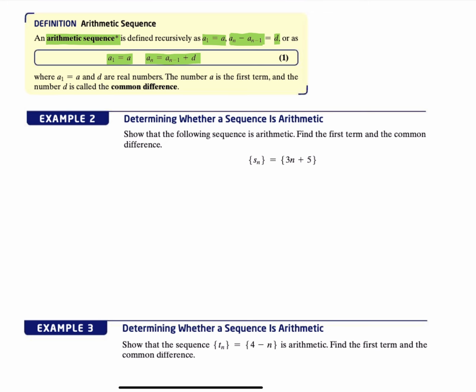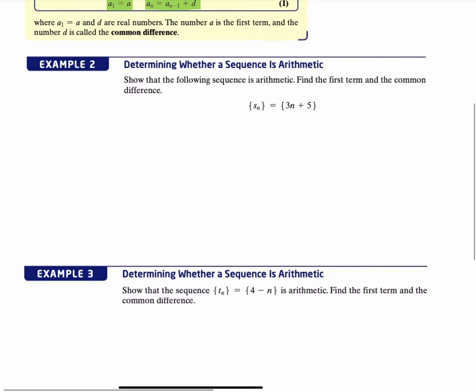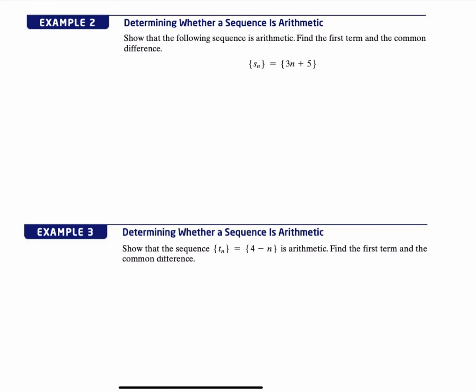In example 2, they start by first asking us to show that this is an arithmetic sequence. They want us to find the first term and the common difference. They have s sub n defined as 3n plus 5.